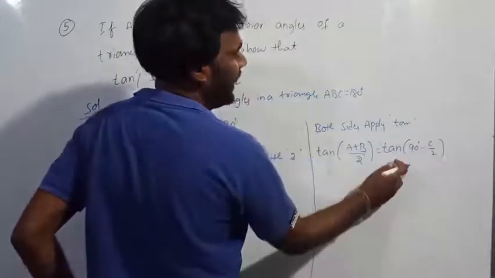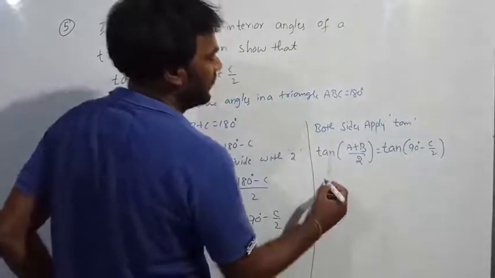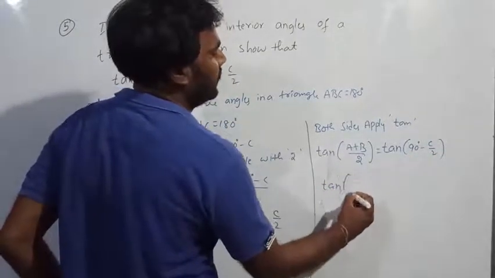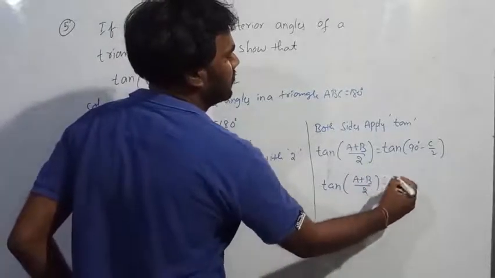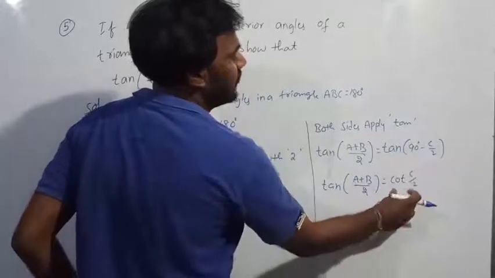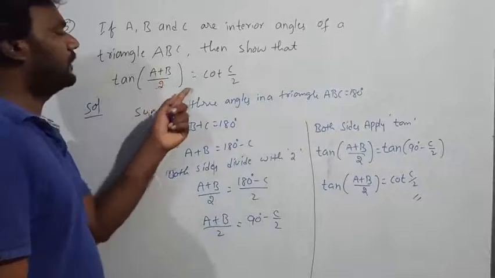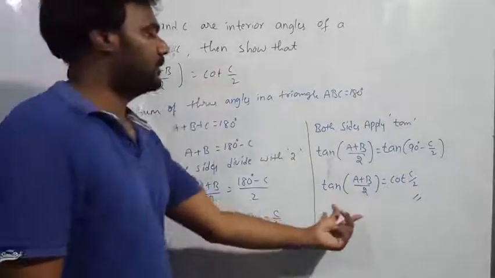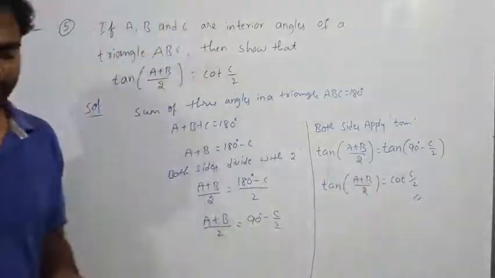Already you know tan of (90 minus a) is cot a. So tan of (A plus B) by 2 equals cot of C by 2. Now see here, what you are asked to show: tan of (A plus B) by 2 equals cot of C by 2.